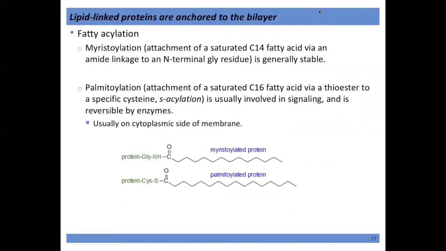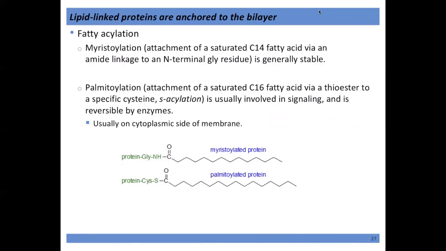You can also acylate different residues. So you got myristylation. So you actually attach C14 saturated fatty acid to the N-terminus glycine here. So amide bonds tend to be fairly stable. So once you add this myristyl fatty acid, it tends to be stuck there for kind of the life of the protein.